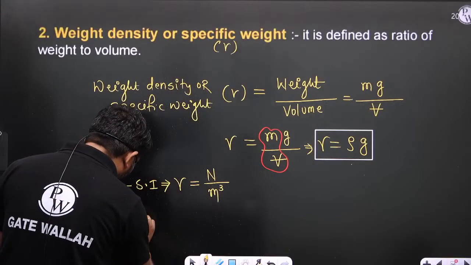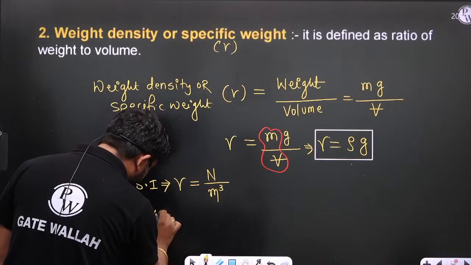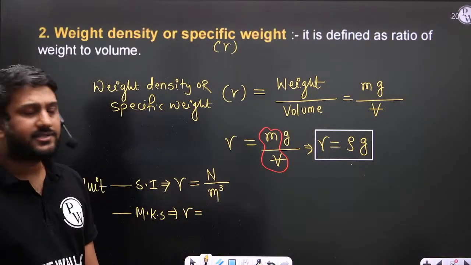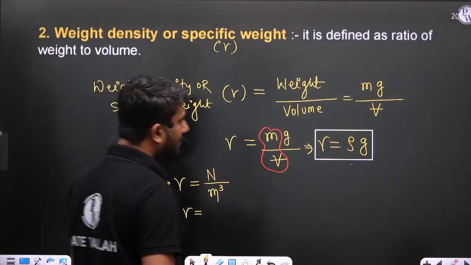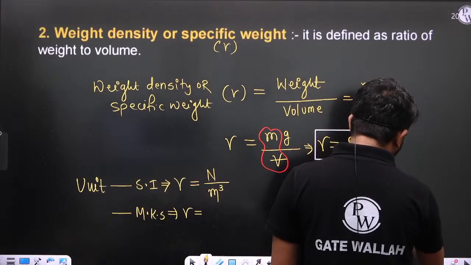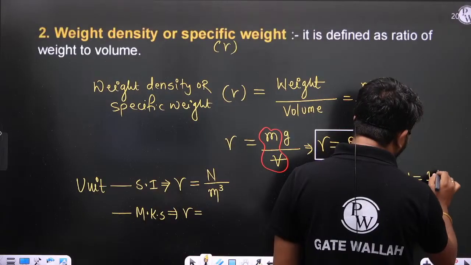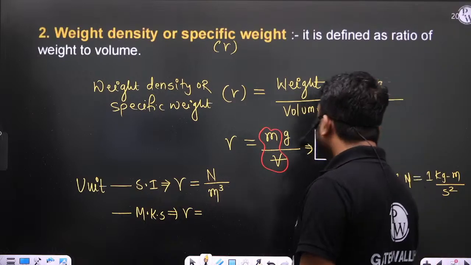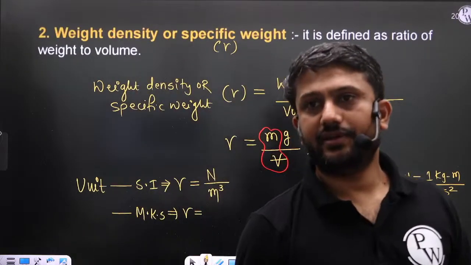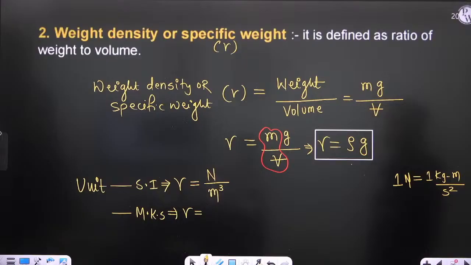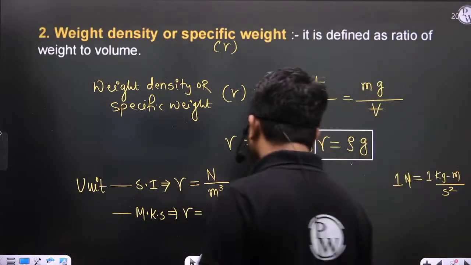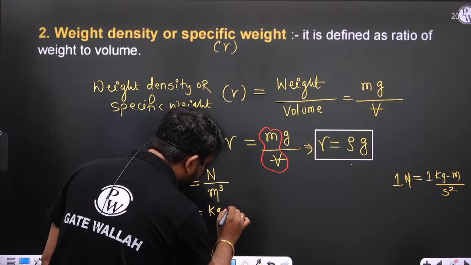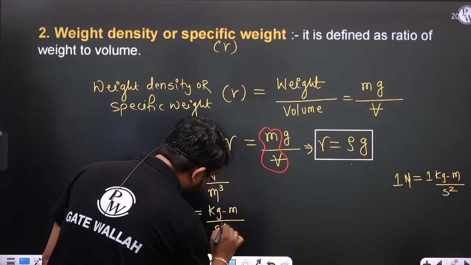Now if I am talking about the MKS unit, what is the MKS unit for the weight density? In the MKS system, we can write 1 Newton is equal to 1 kg meter per second square, right?